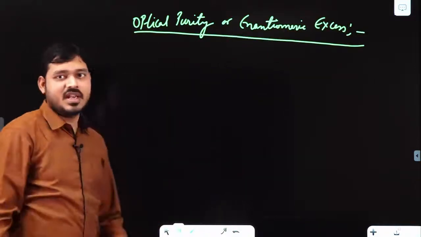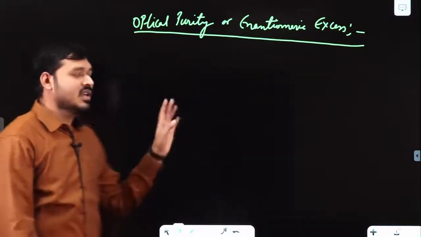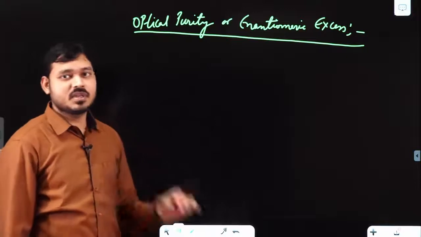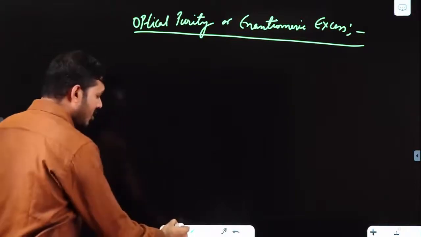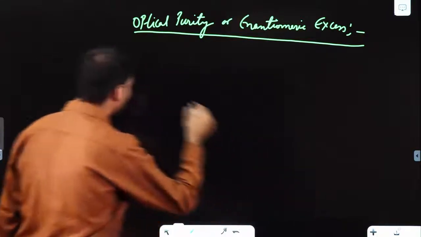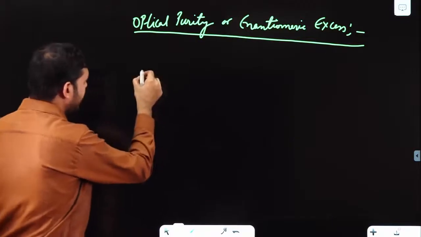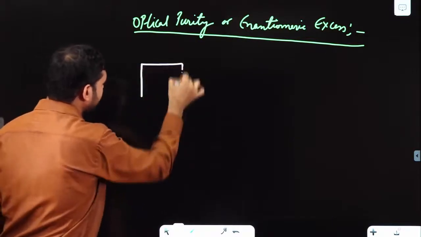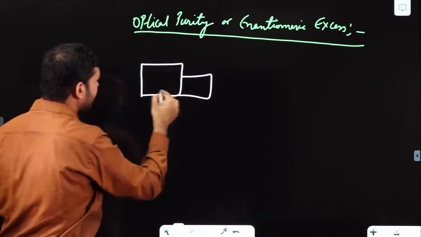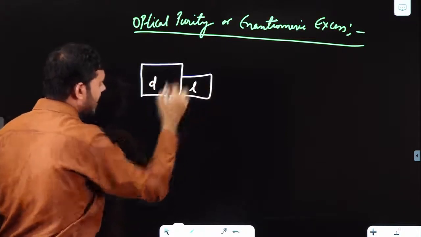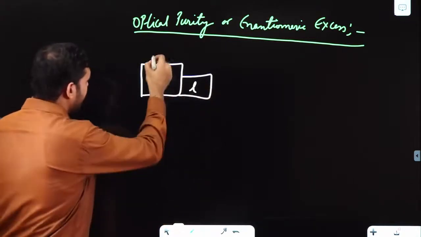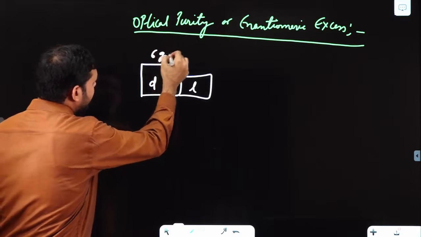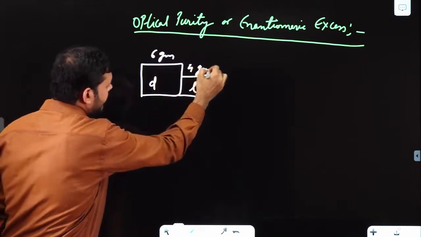Optical purity or enantiomeric excess. So dear students, understand this topic, it is one of the most important parts. I am explaining with a very basic example. Suppose you have a mixture of D and L. Suppose this D form is 6 gram and this L form is 4 gram.